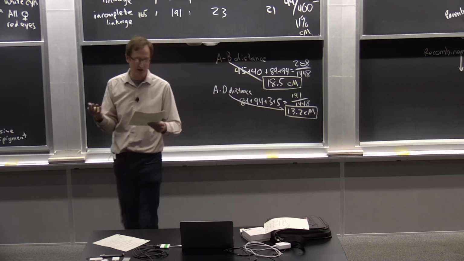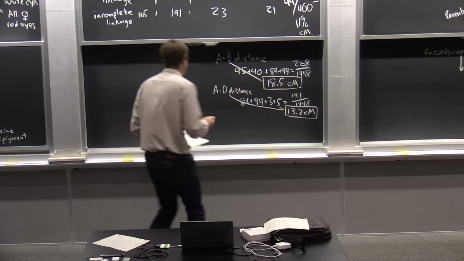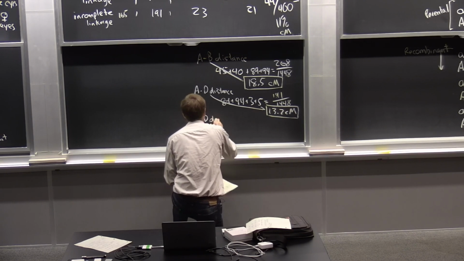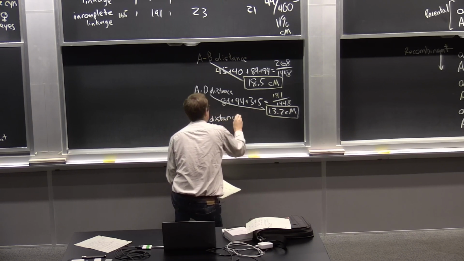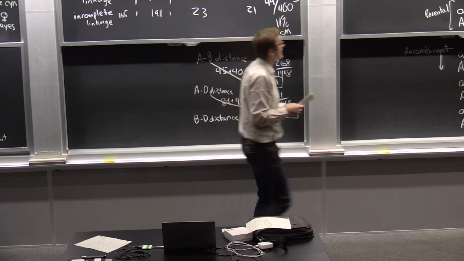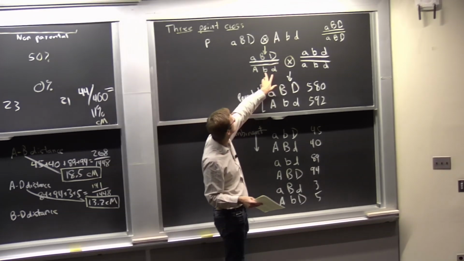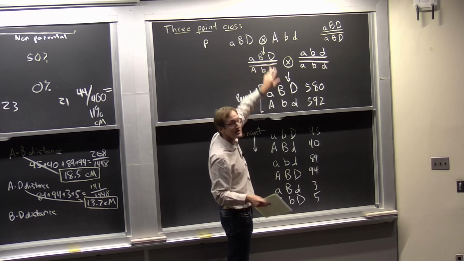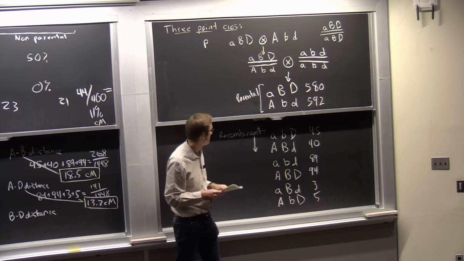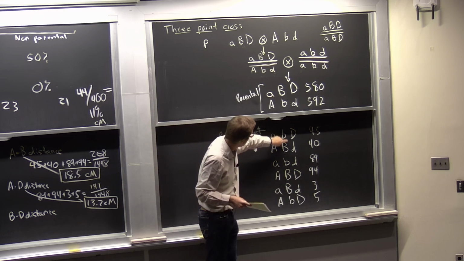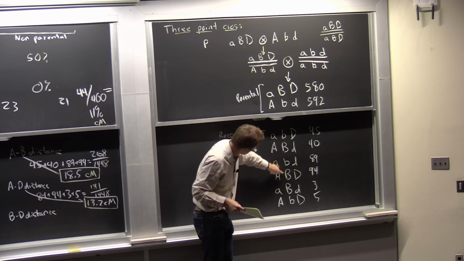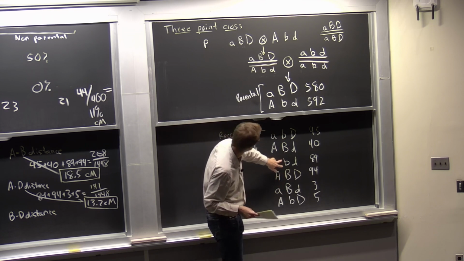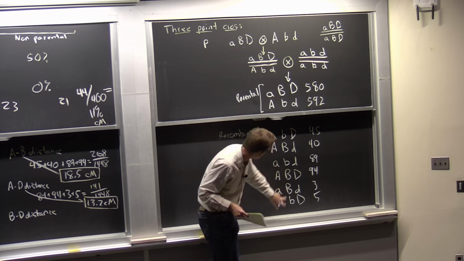So the last combination is just B and D. If we consider the BD distance, again, we have to look for all cases in which lowercase b and d become separated and uppercase B and D become separated. Here they're separated. Here they're separated. Wait, no, not here. Sorry. Here they're not separated. Here they are separated.